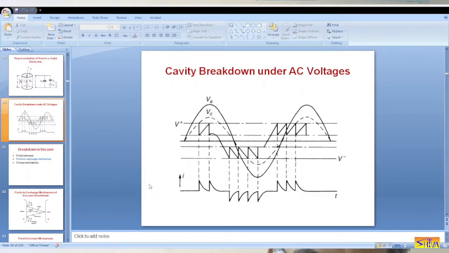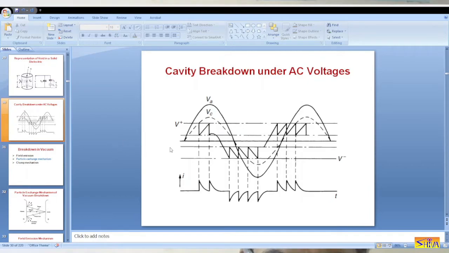So this voltage will collapse. Here we obtain a current pulse. At this point the extinction will appear. There will be extinction of the breakdown voltage, or the cavity will regain its dielectric strength. So here again the voltage will start increasing, but as this is going on the negative side, this will also go on the negative side.